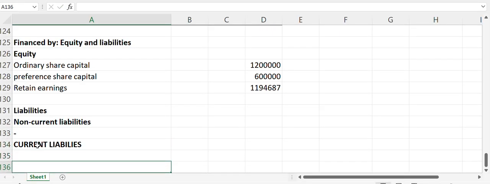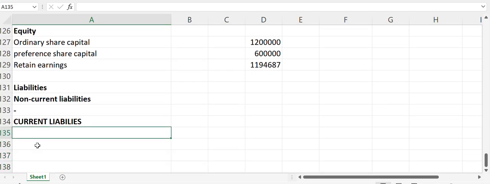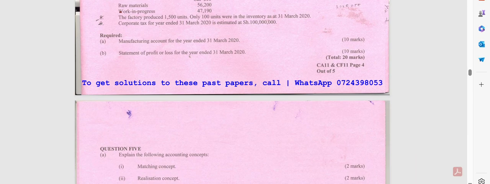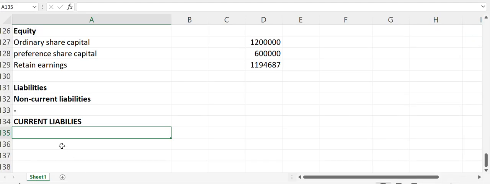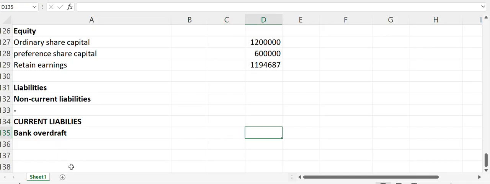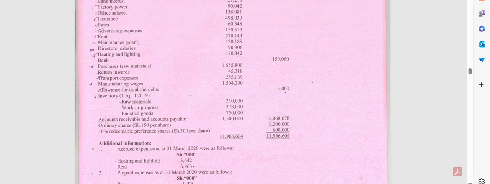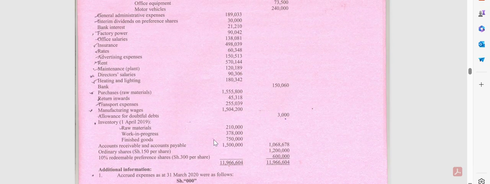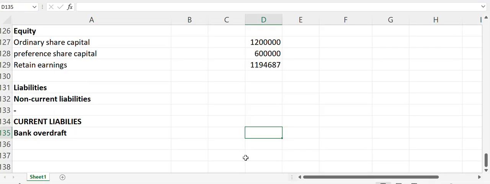So for current liabilities, we have a couple. Start with the bank overdraft. How did I know it's a bank overdraft? It is on the credit side. So bank overdraft of 150,060.